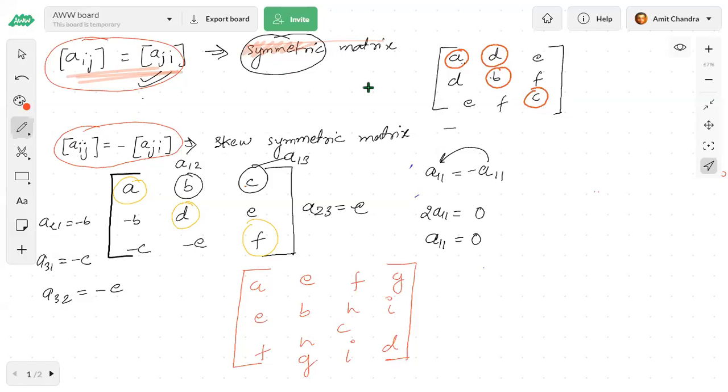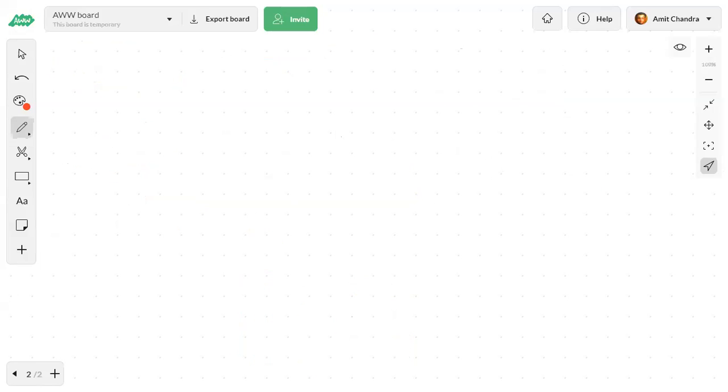Right? For 4 cross 4, you will have simply this kind of matrix. So any matrix, 5 cross 5, 4 cross 4, you can draw it accordingly. Okay. So we have to do properties now.